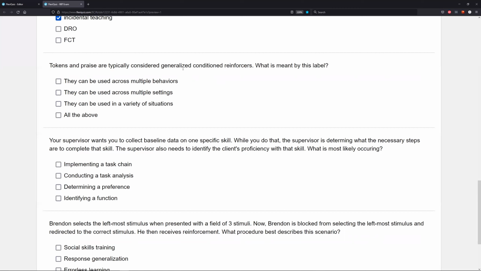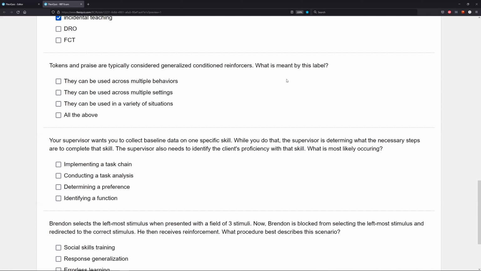Multiple settings, behaviors, people. Remember, think about generalizing a skill. When we generalize a skill, we want that skill to occur across multiple environments, right? So if we break it down, a generalized conditioned reinforcer is a learned reinforcer that can occur in many, many different environments.